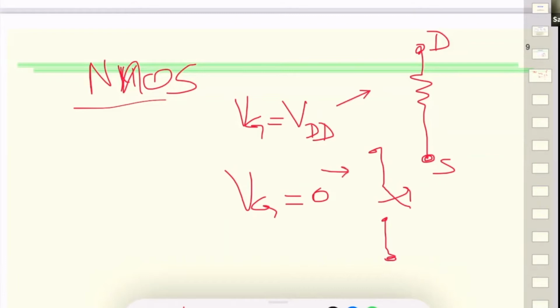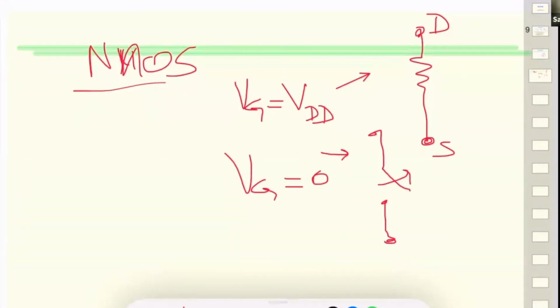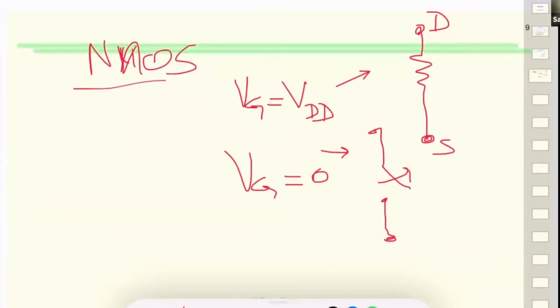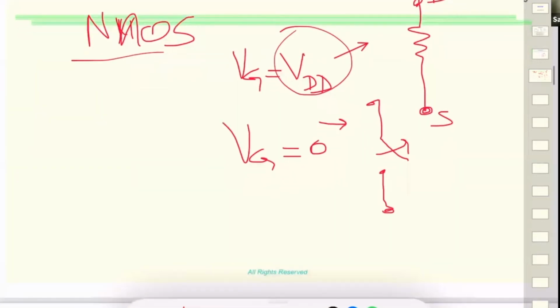So we have to know for NMOS, high at the gate means high output. VDD is always going to be there. So the power supply is always there. It's just that we would control what the relation of the output would be with respect to the input. And when you turn the gate voltage off, you get 0 at the output.